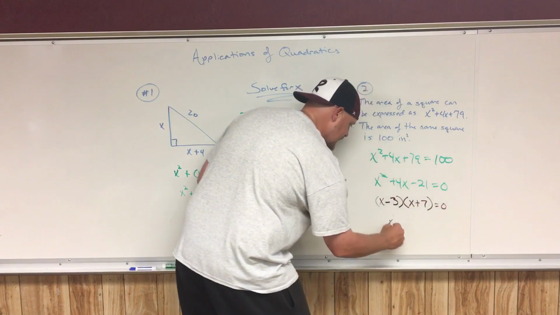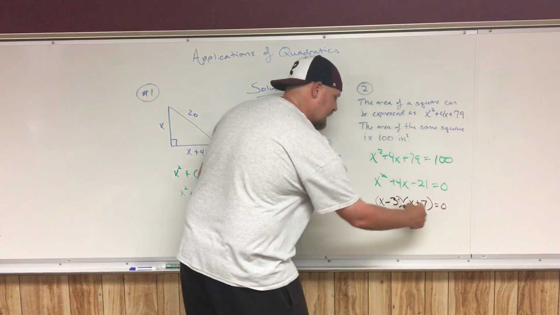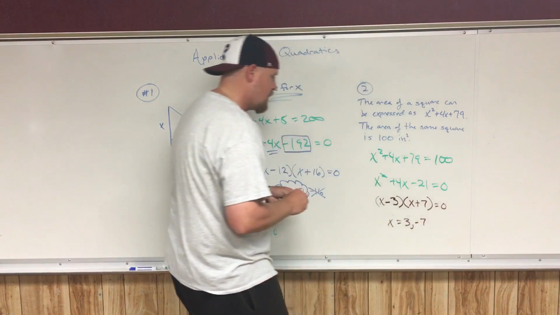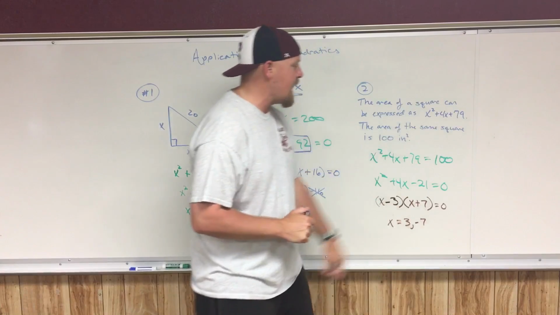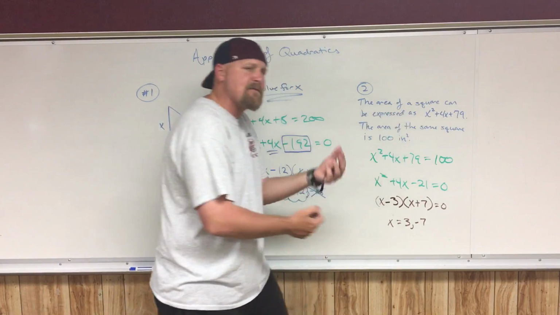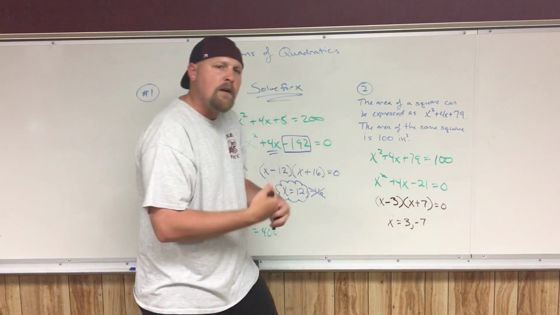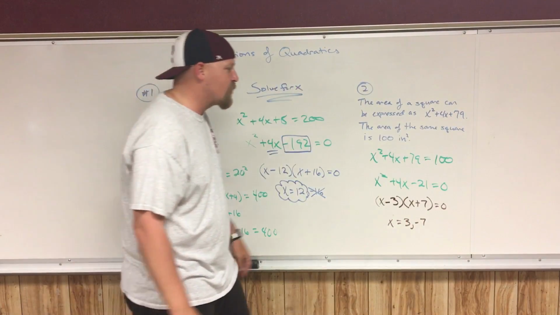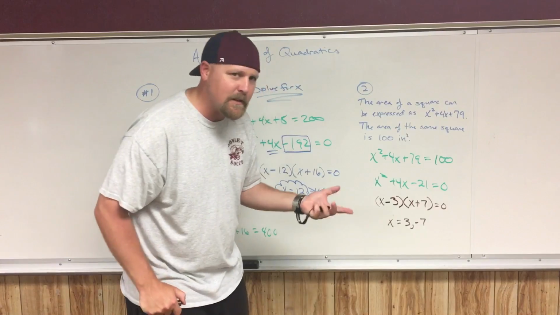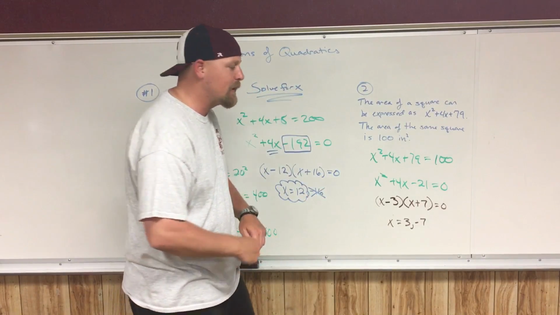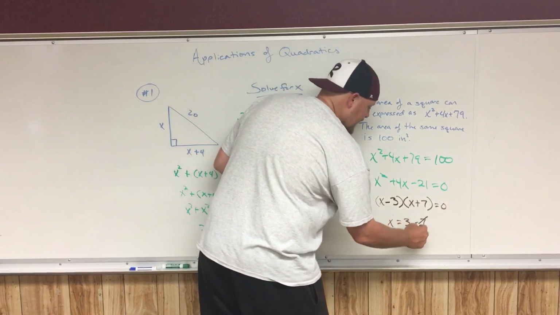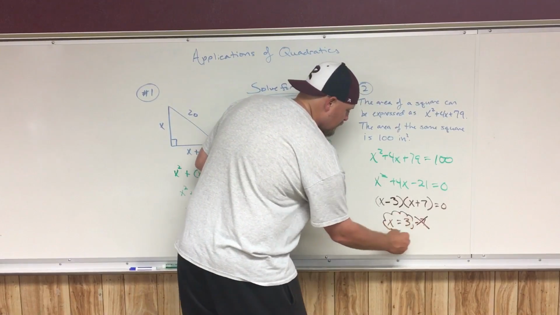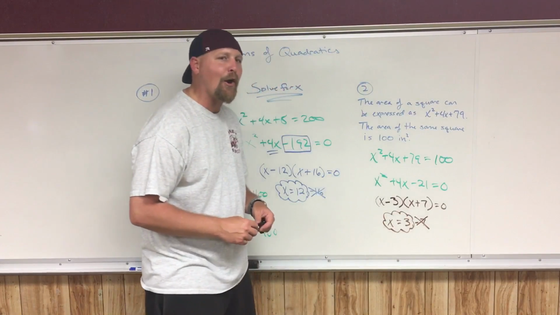So that means x is equal to 3 and x is equal to negative 7. Well, if I plug negative 7 into one of the dimensions on my square here, I'm going to get a negative dimension. I can't have a negative whenever I do distance. So this negative 7 ain't going to work, but this positive 3 will work, guaranteed.